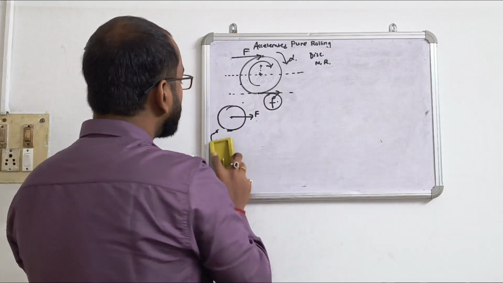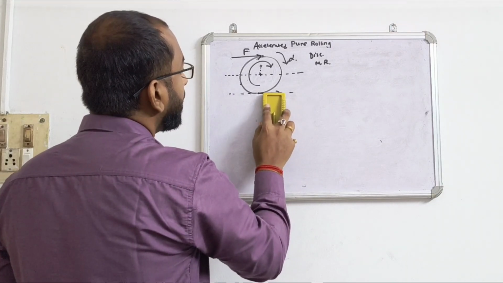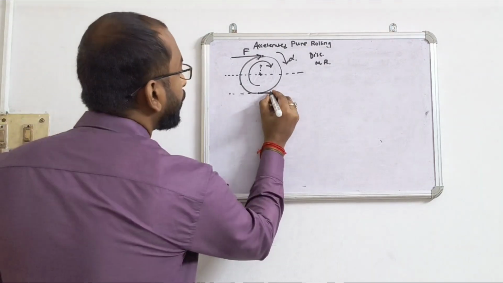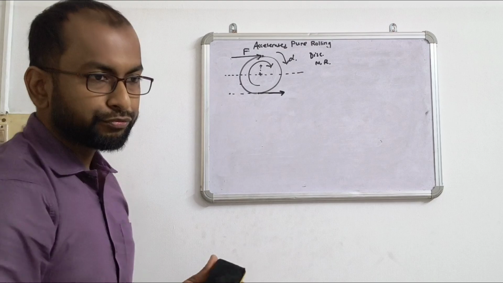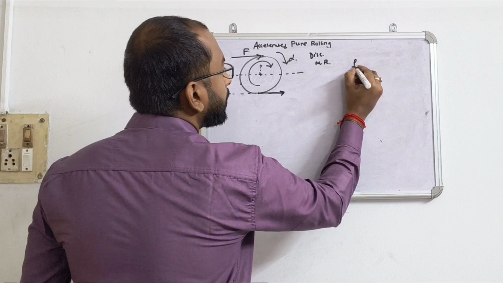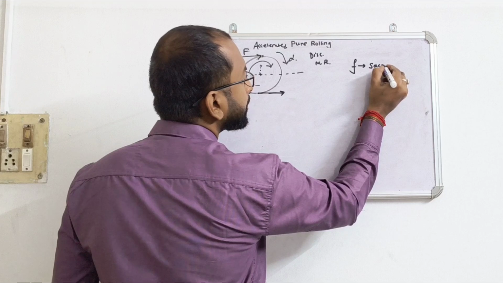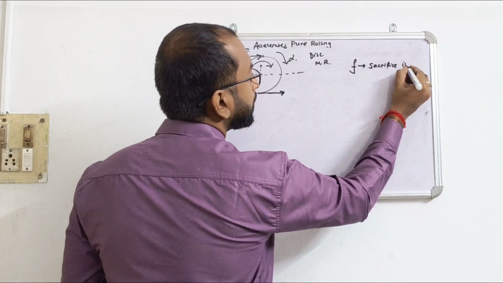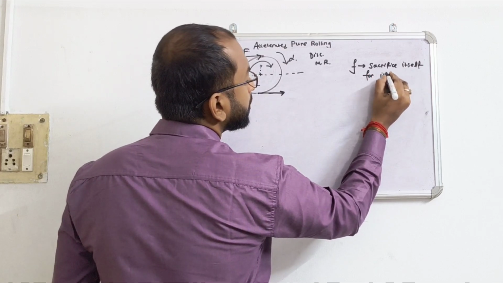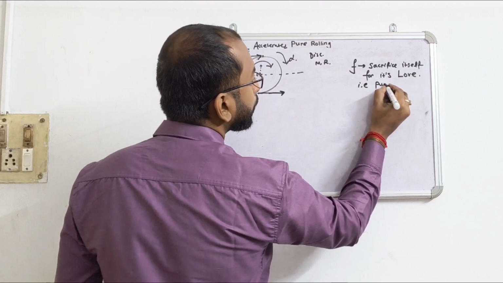What is the point where, if you apply the force, friction will completely sacrifice itself for its love, that is, pure rolling?